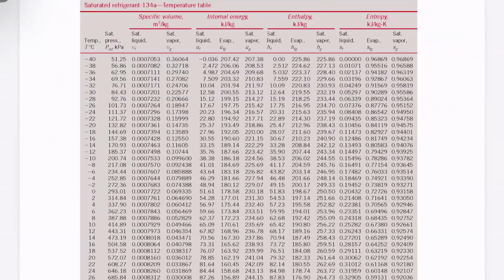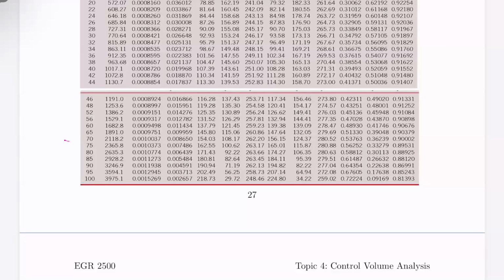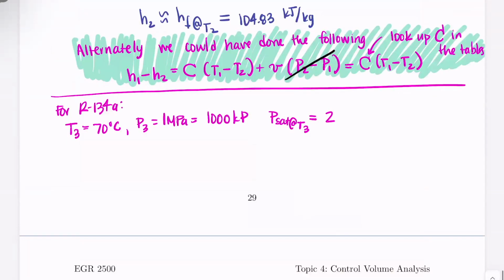It's the same thing as what we have for the water tables, just for this different fluid. So we are going to go to 70 degrees C, which is here. And our saturation pressure is 2,118.2 kPa. So we are sitting at a lower pressure than the saturation pressure. All right, so this means that we have a superheated vapor.